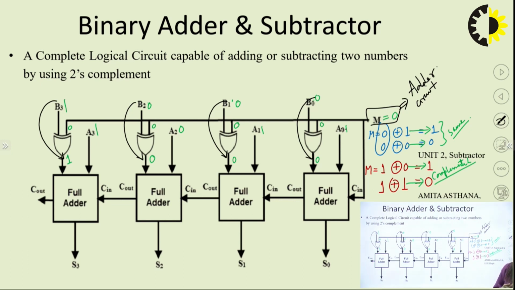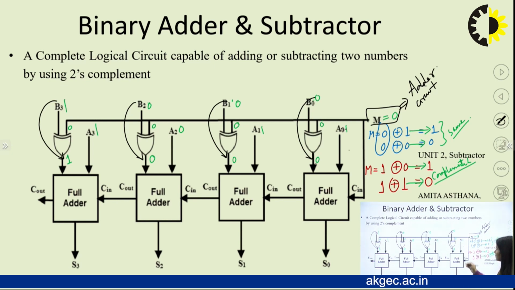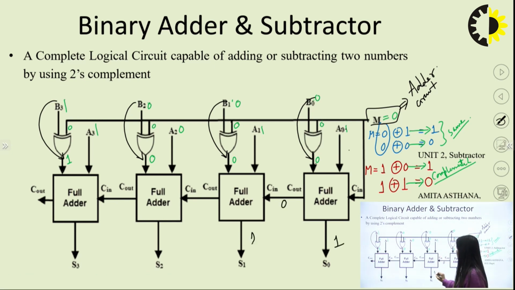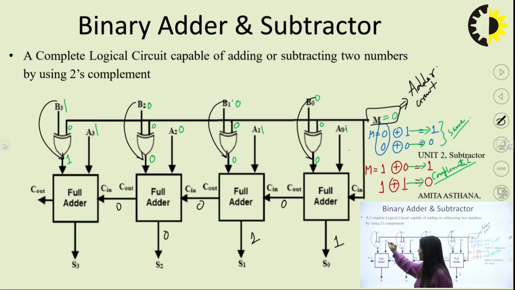Now we will see the next case, when m is equal to 1, how the circuit behaves. So here 0 and 1 will be added. This will become 1, carry out 0, and so on.